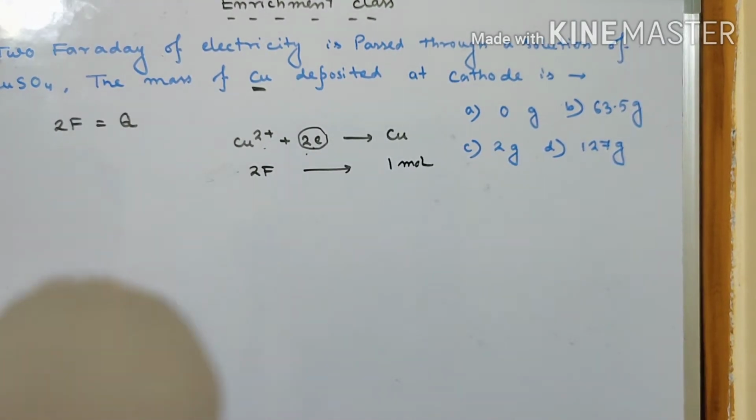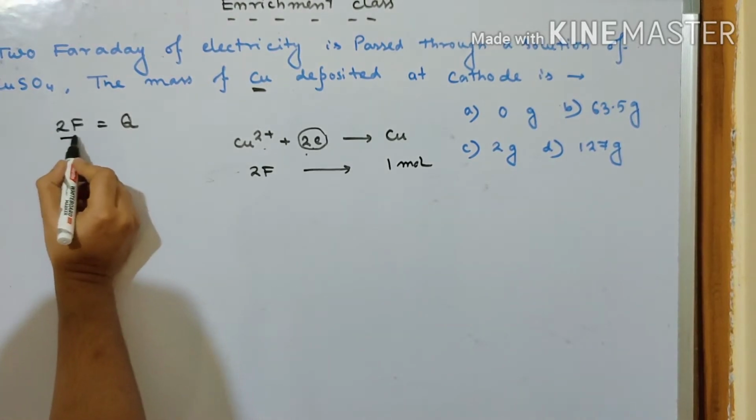Now, obviously from here easily we can calculate. So how much electricity has been passed? 2 Faraday.